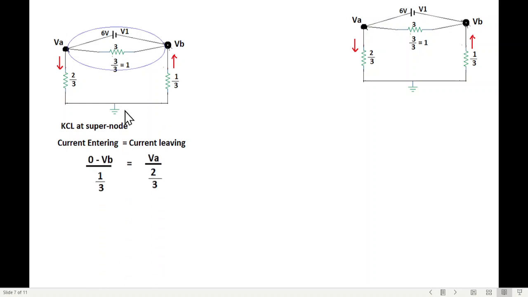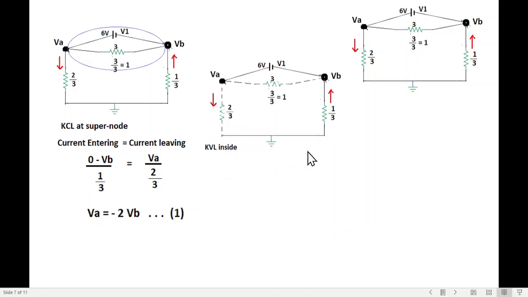Entering is starting from 0 to VB, so (0 minus VB) divided by the resistance. And leaving is coming from VA to 0, so (VA minus 0) divided by 2/3. Solving this, we find VA to be minus 2 VB. So this is one of the equations. We need another equation which is called the KVL equation of the super node.